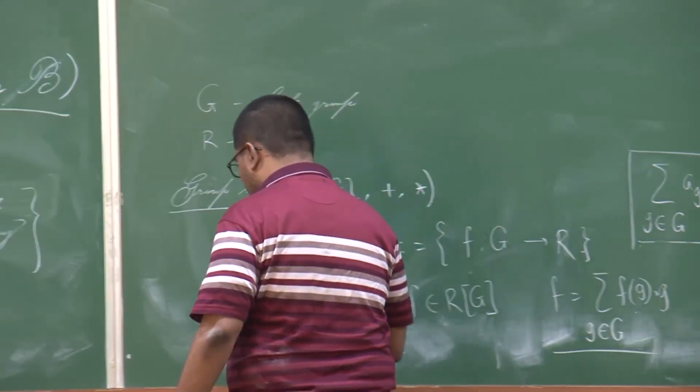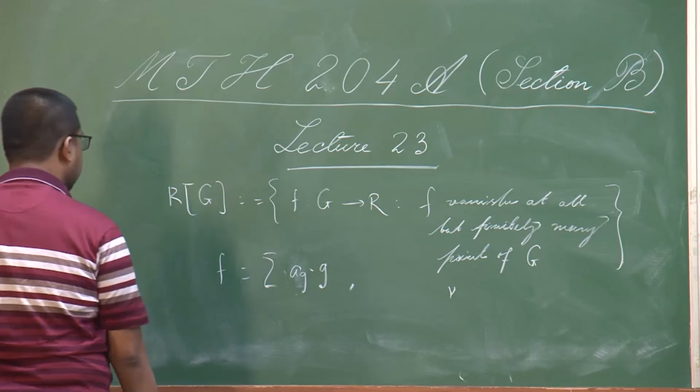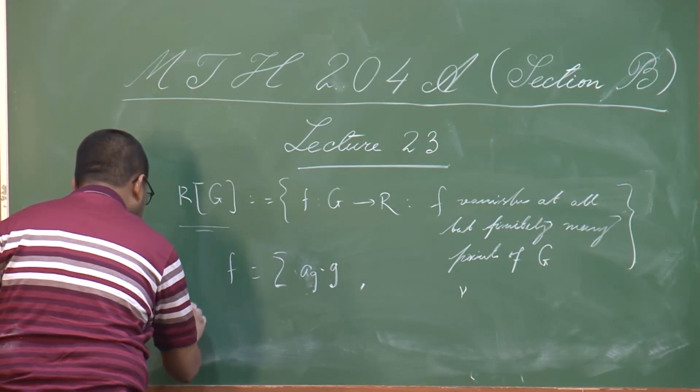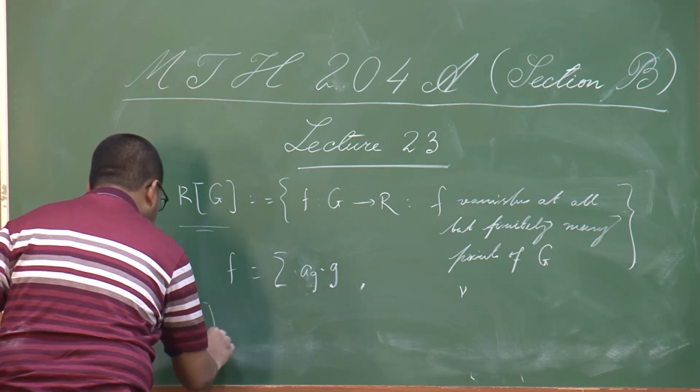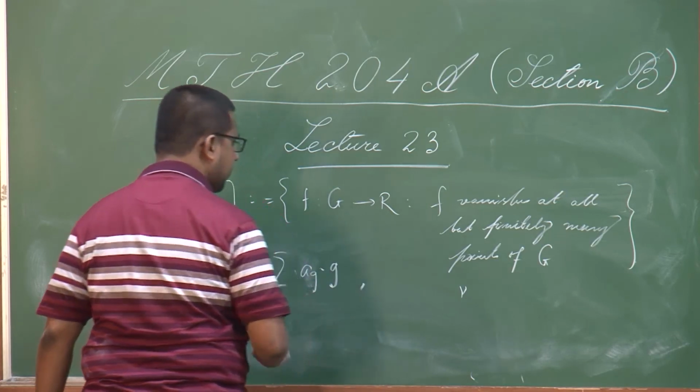Okay, so a few more words. Inside RG, you can see that this group ring contains R as a subring. I should justify what this means. Consider the following: this group has an identity, right?